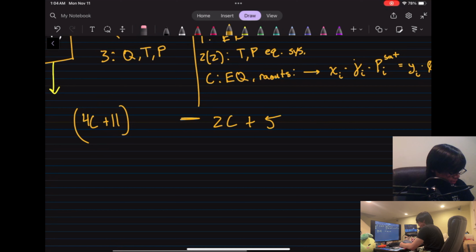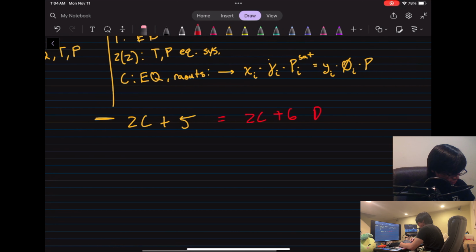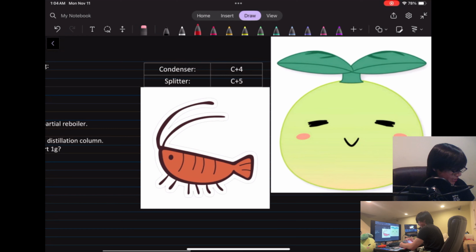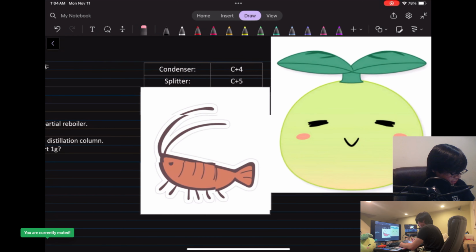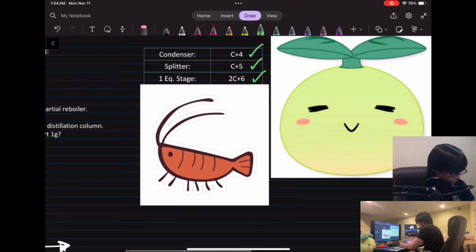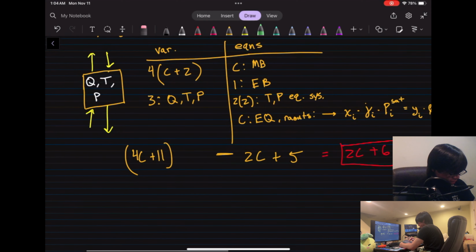And this should get us 2C plus 6. See if that's correct. Since if it's not, it's good we checked, since we'll use it for our stack later on. 2C plus 6, nice. So we actually got all these right so far.